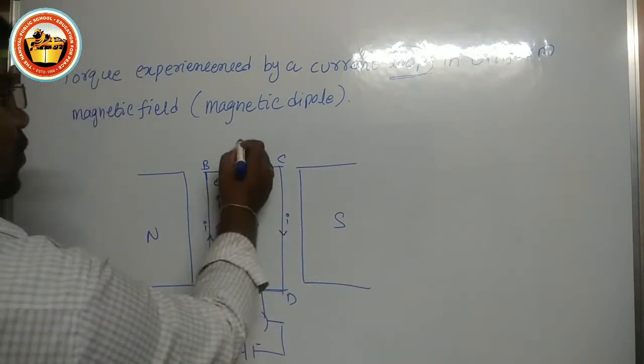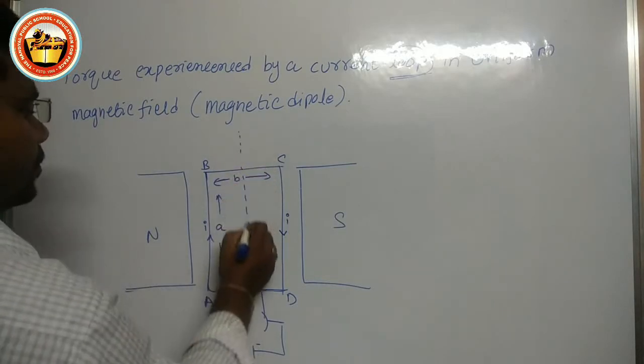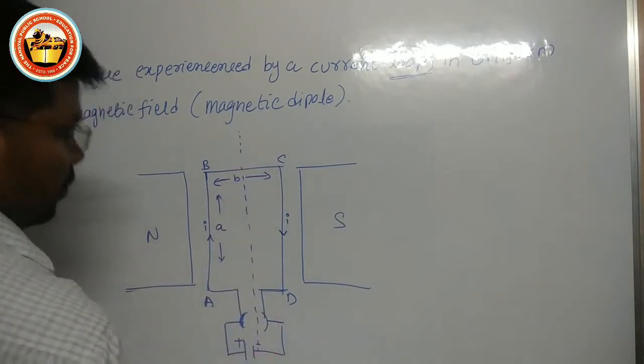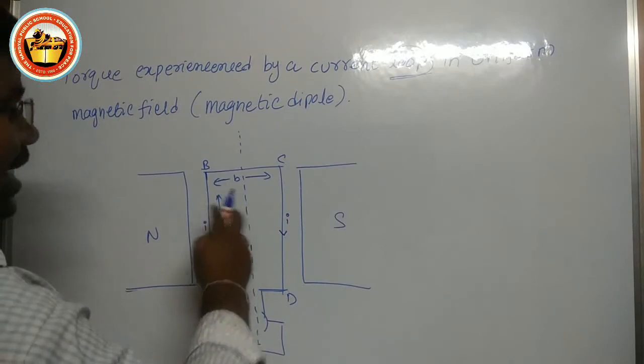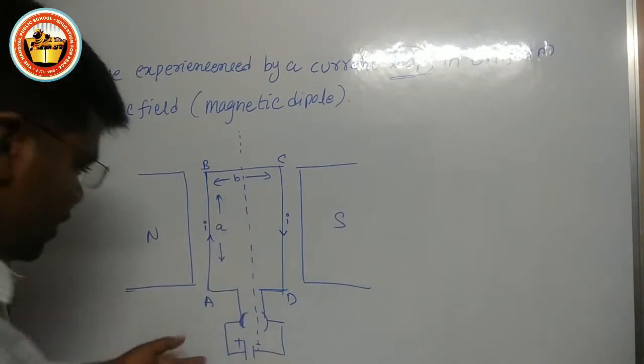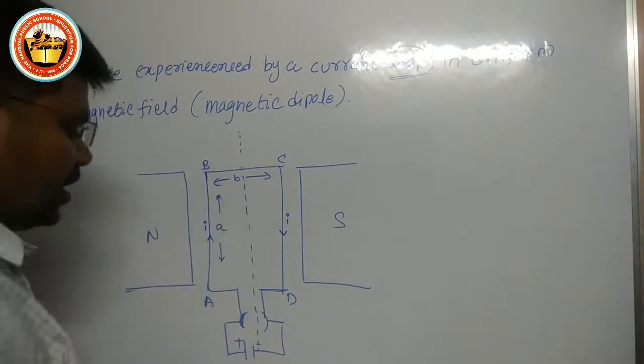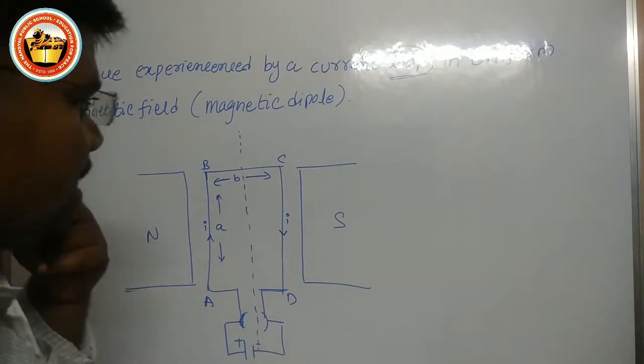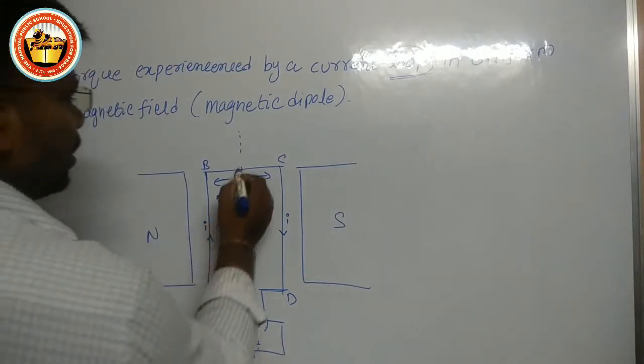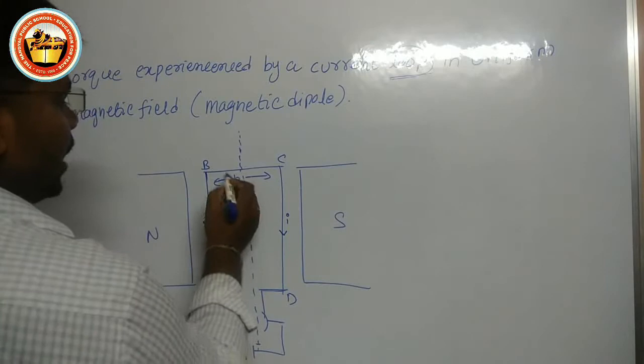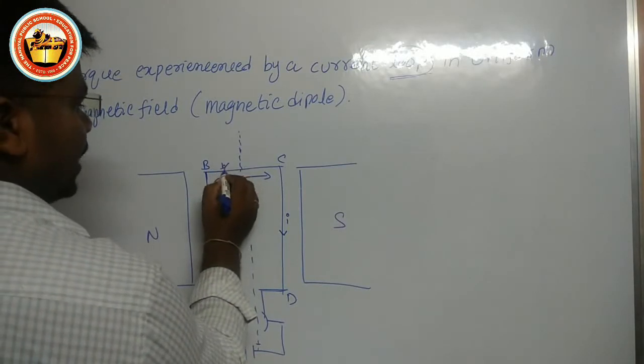Here one shaft is there. With the help of the shaft, the coil will rotate if current passes through the rectangular coil ABCD. The shaft is at b by 2 distance.